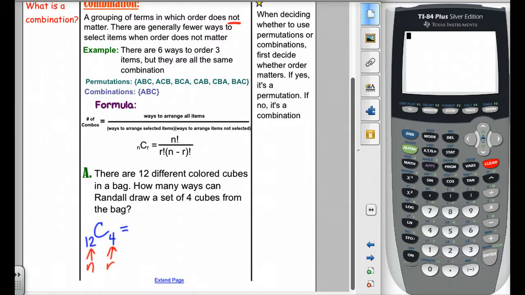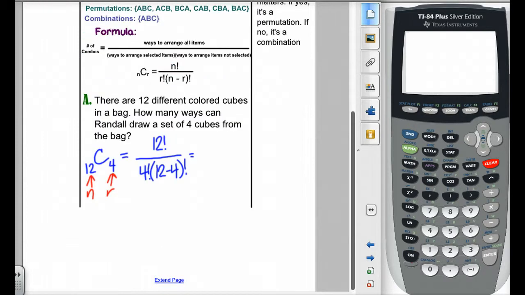When we put this into the formula, it's 12 factorial over 4 factorial times 12 minus 4 factorial. If we simplify this, it's 12 factorial divided by 4 factorial times 8 factorial, since 12 minus 4 is 8.